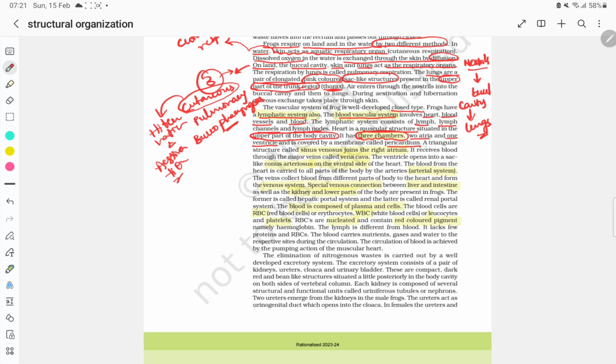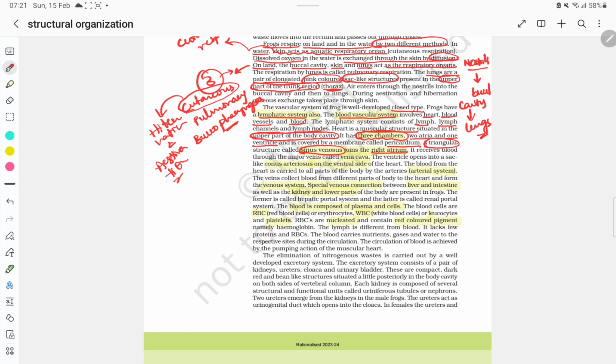So one is a triangular structure, very important, called the sinus venosus. Where is it present? It joins the right atrium. It is connected to the right atrium.